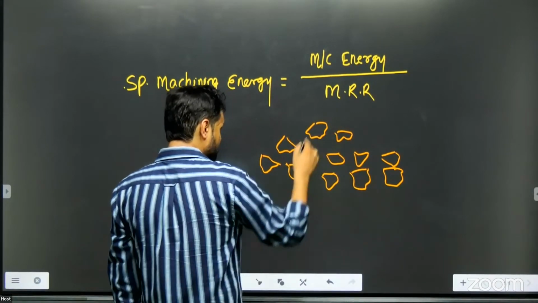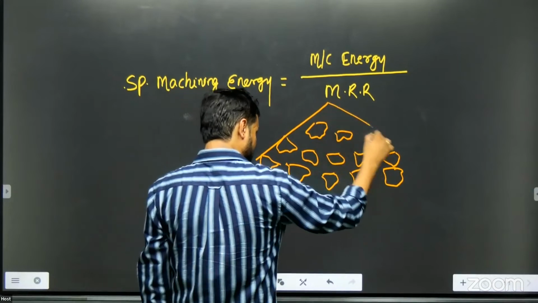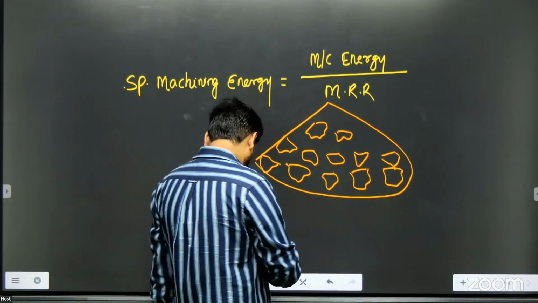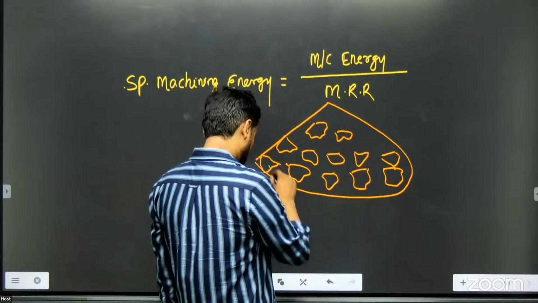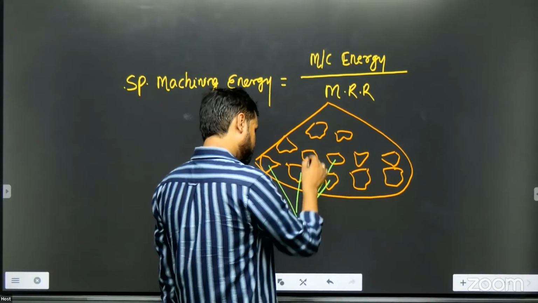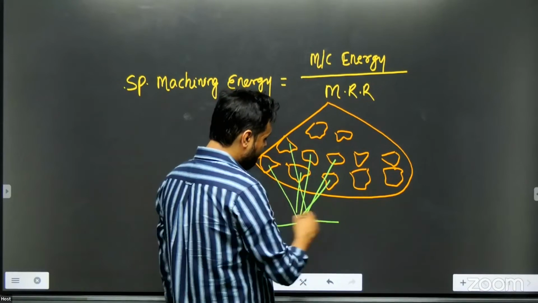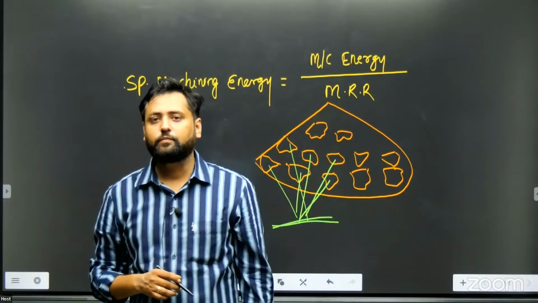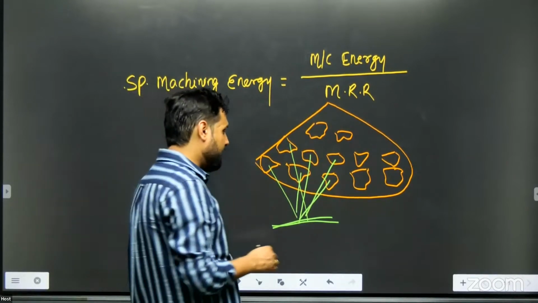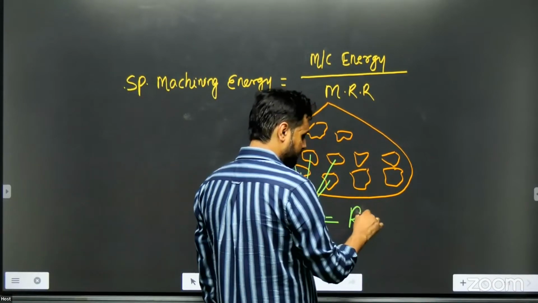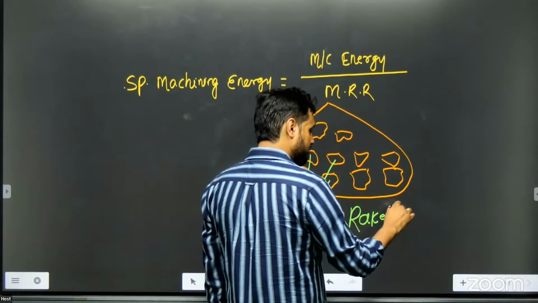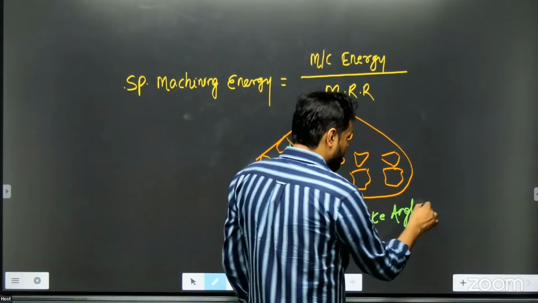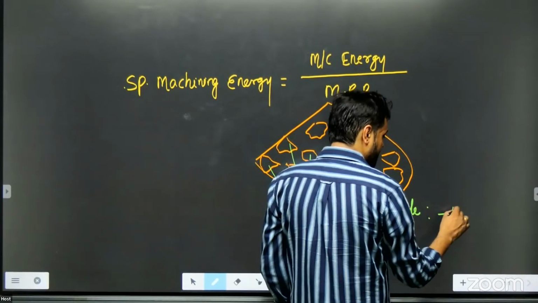And if you observe it closely, what you find is that most of these grits in the abrasive wheel have a rake angle that is negative.